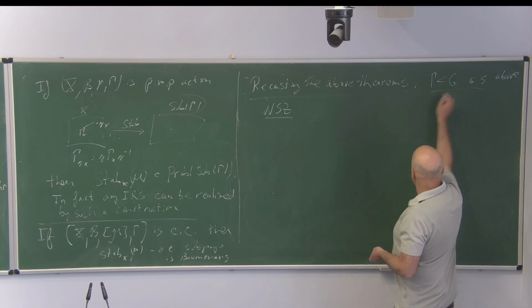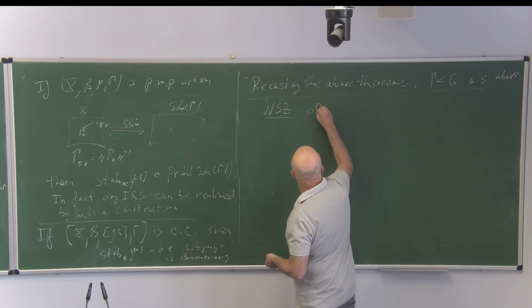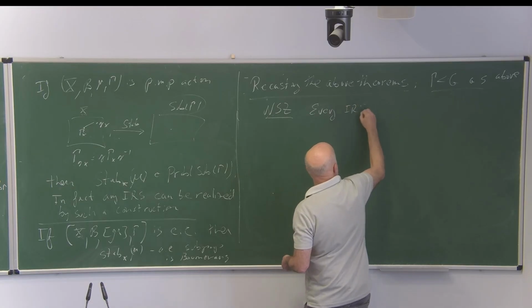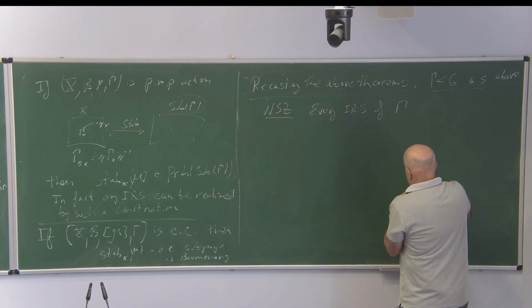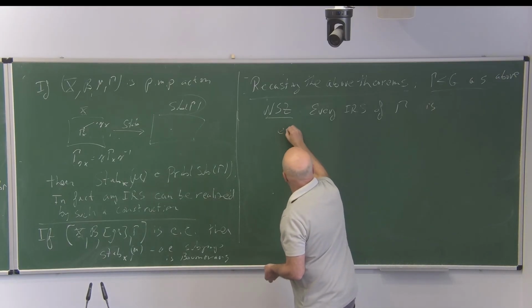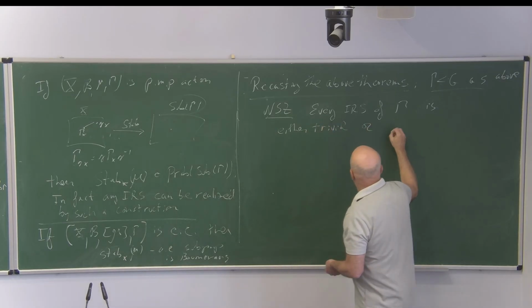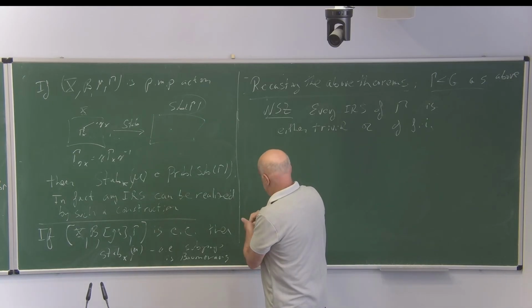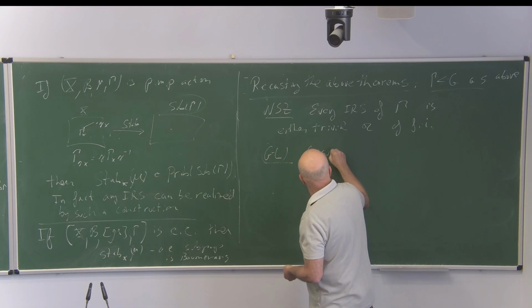But in this setting, every invariant random subgroup of gamma is either trivial or of finite index. You mean finite, sir?